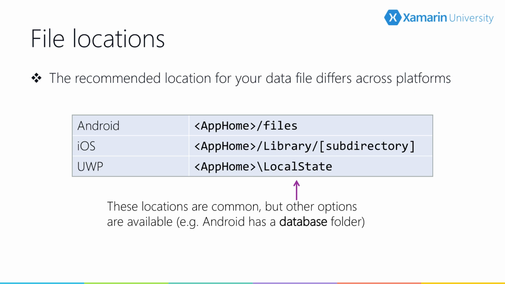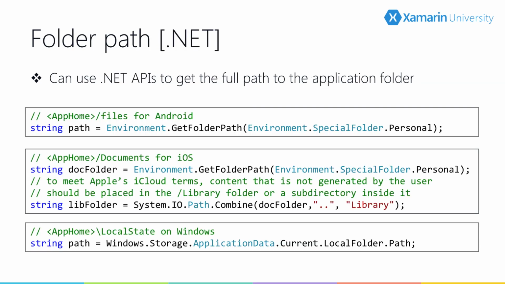And also the content in there will not be removed if the operating system is running low on space. For Windows applications, UWP, we would put our database into the LocalState folder. In order to get to these locations, you can use the Environment.GetFolderPath method, which is available for iOS and for Android.